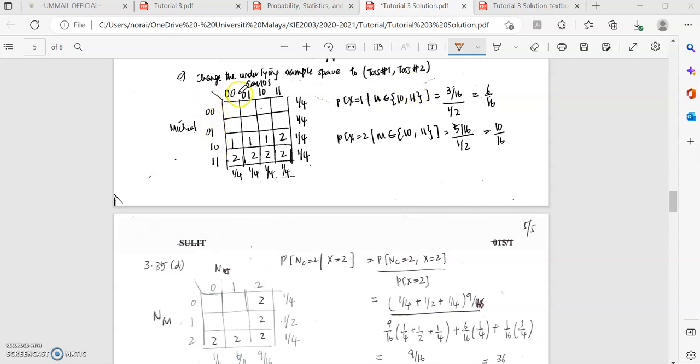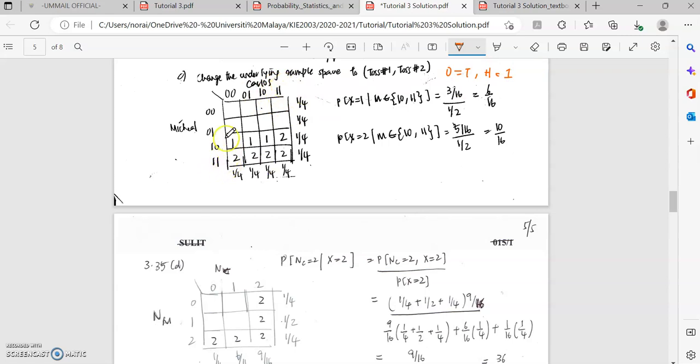Like this, 0 0 is 0 heads on the first toss, 0 heads on the second toss. 0, 1 is 0 heads on the first toss, 1 head on the second toss. So that's how you read this. 0 is tail, head is 1. Here is 2 heads.